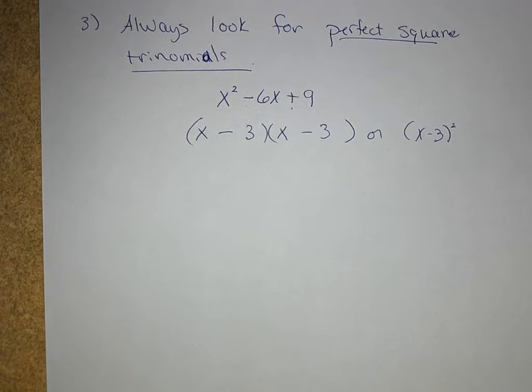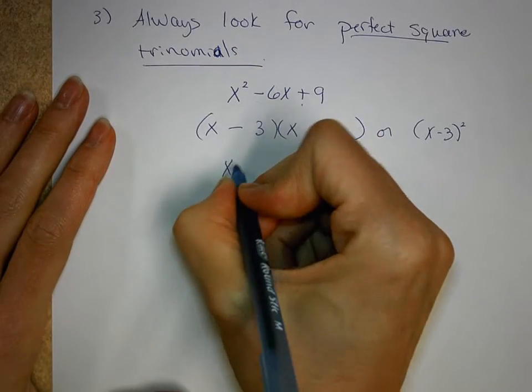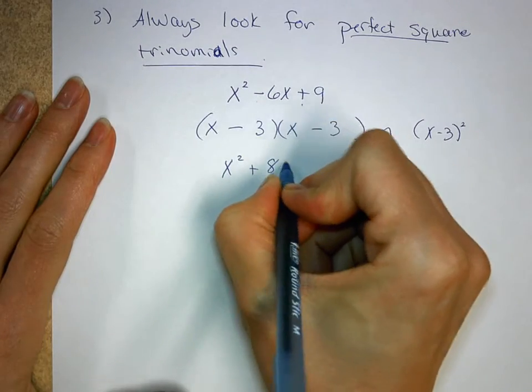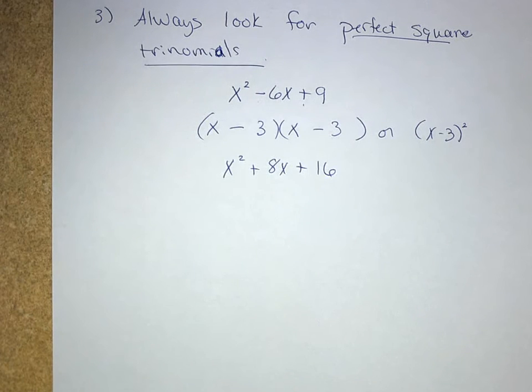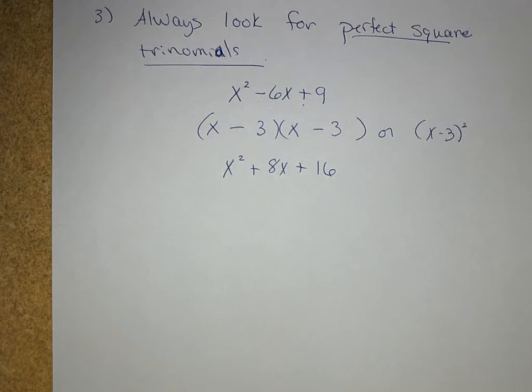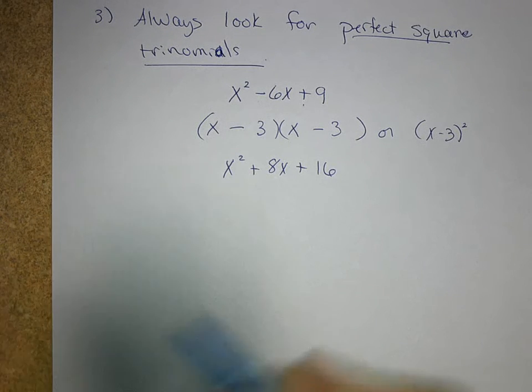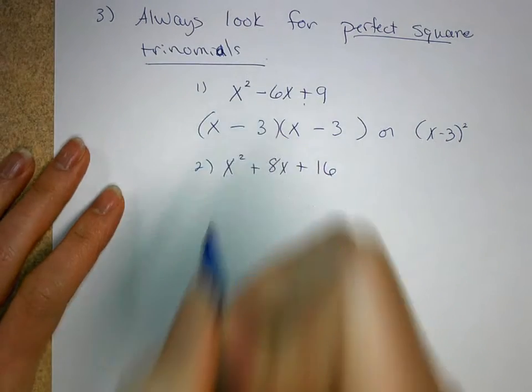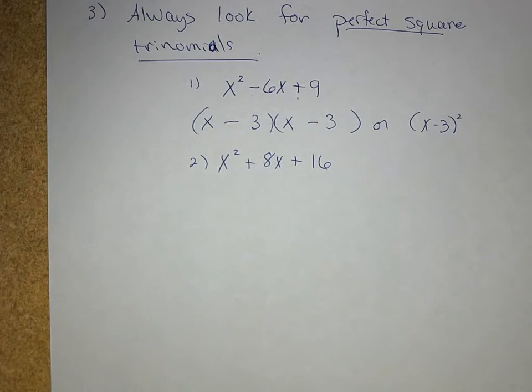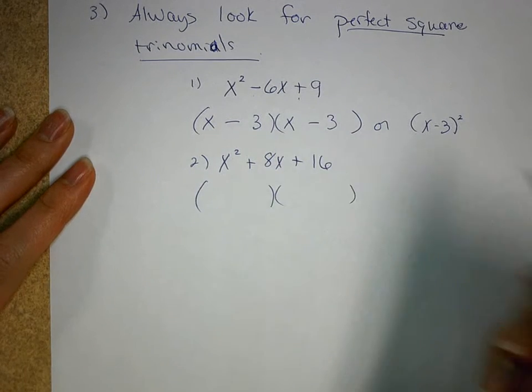Here's another one that's very similar to this. How about if I go x squared plus 8x plus 16? Is that a perfect square trinomial? Yeah. Here I got the perfect squares, so I'm going to try this, if nothing else.